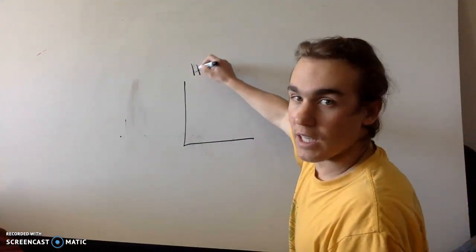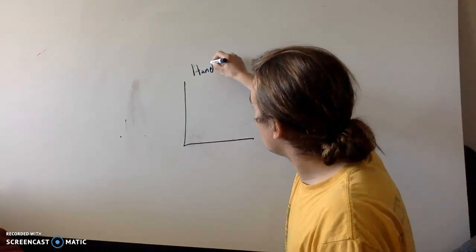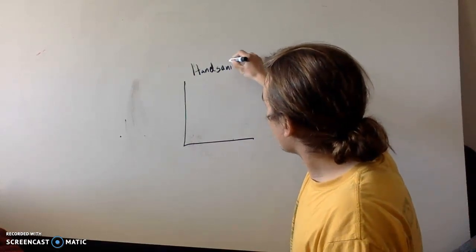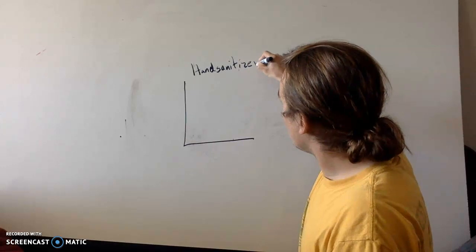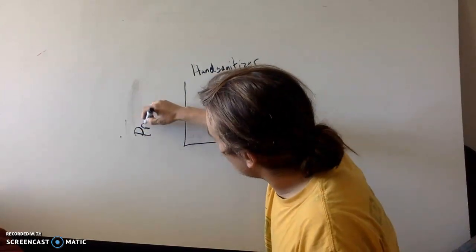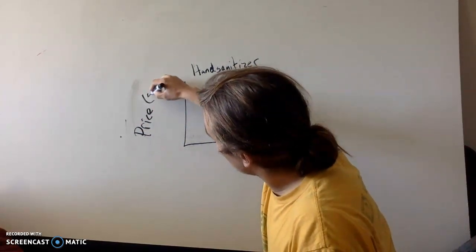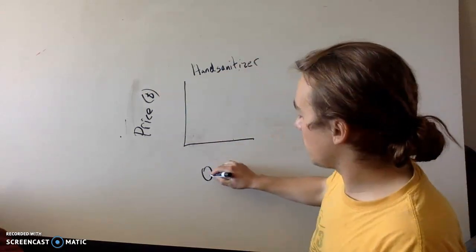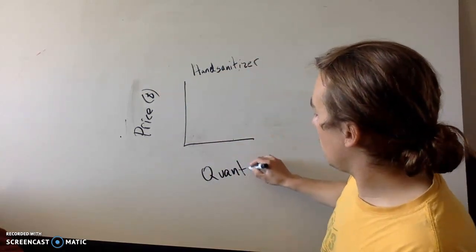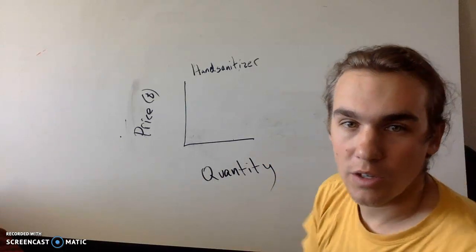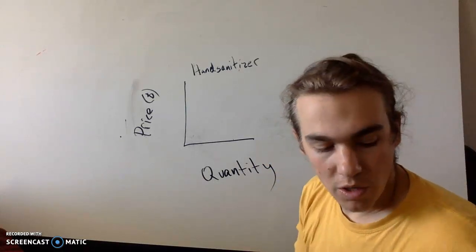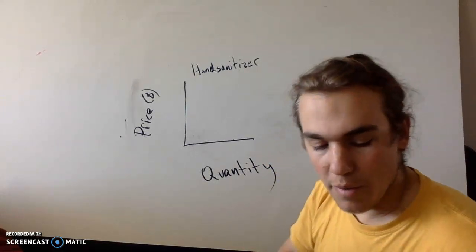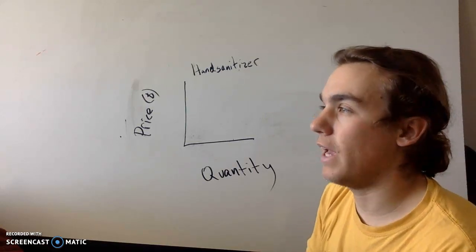We're going to do hand sanitizer. We're going to put price over here, quantity over there. Cool. So let's talk about demand first.